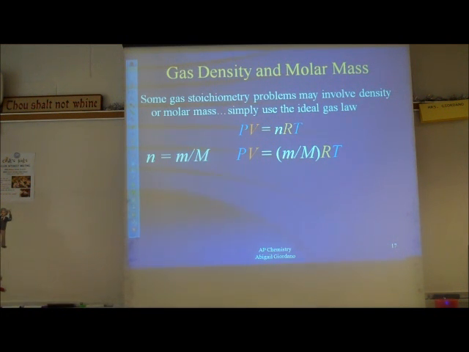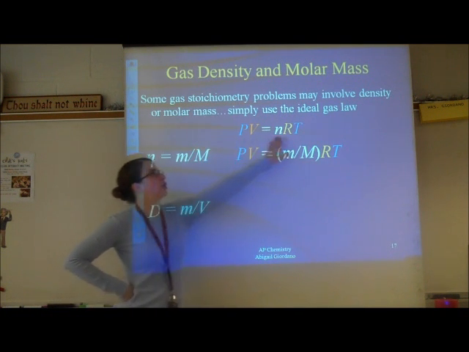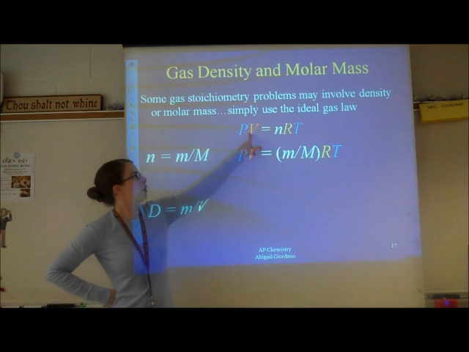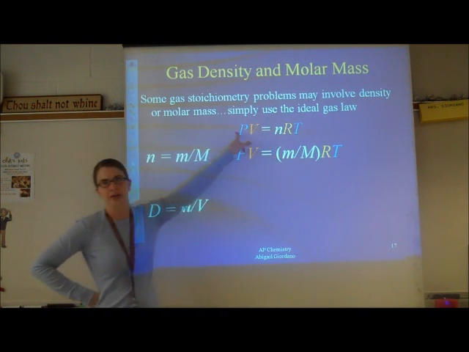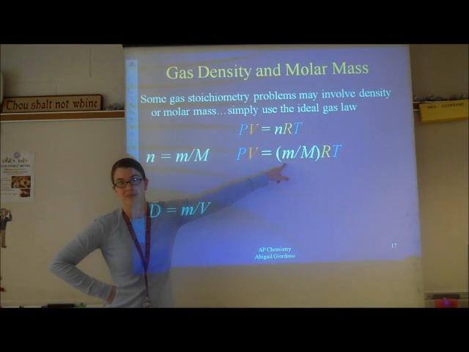It's the same quantities though. What is the formula for density? Okay. Well, if you look at our original ideal gas law, I've got the volume part, but mass is not in here. Mass is not one of my variables. Well, now it is.